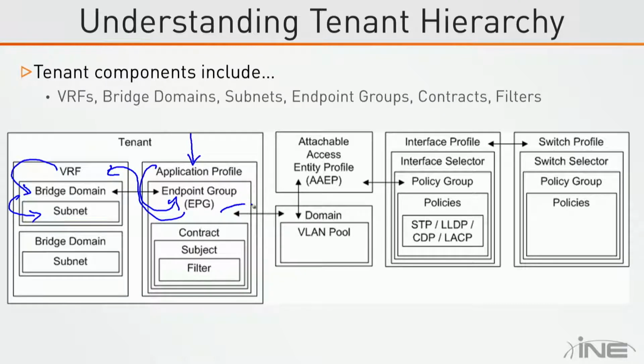The domain is calling the VLAN pool that was already created under the fabric access policies. The domain is calling the attachable access entity profile, which is called from the interface policy group, which is called from the interface selector, and the interface profile, which calls the switch profile and the switch selector.